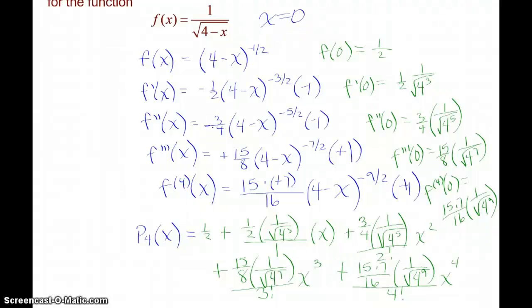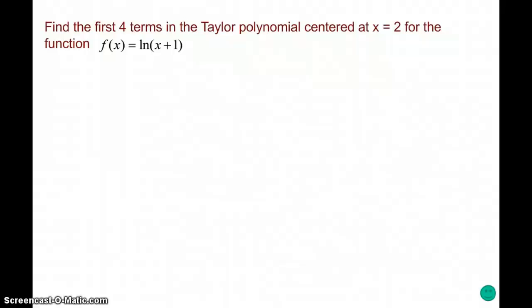So I think we can at least get started here on this last one. First 4 terms of the Taylor polynomial built around x equals 2. So f prime of x, 1 over x plus 1, could also be written as (x plus 1) to the negative 1 for taking derivative purposes.